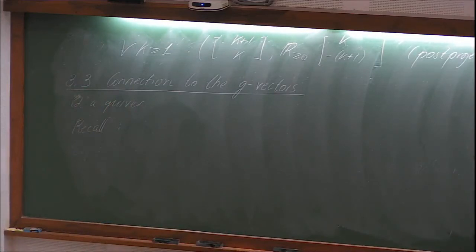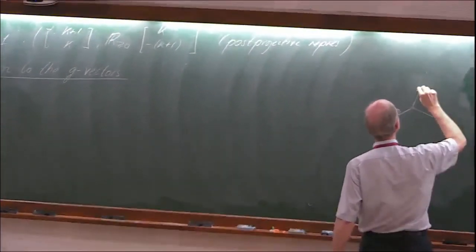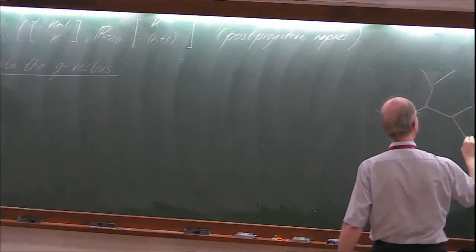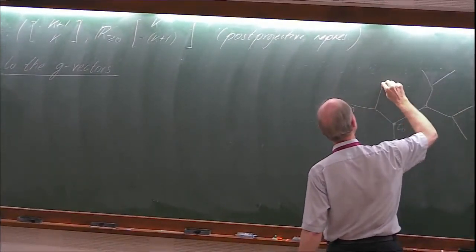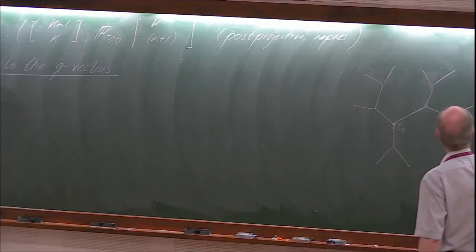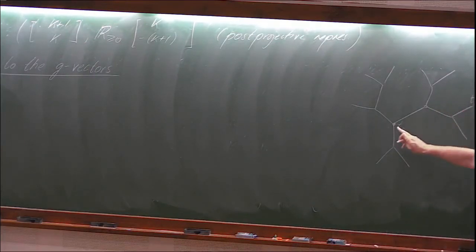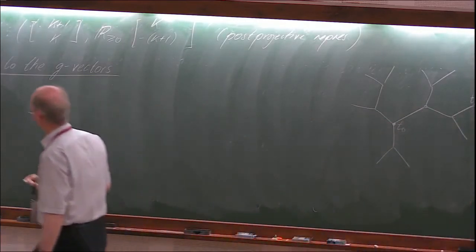Well, remember we have our n-regular graph with root T0. And with each vertex of this graph, we associate a quiver, namely the one obtained from the initial quiver by mutating successively along these edges.